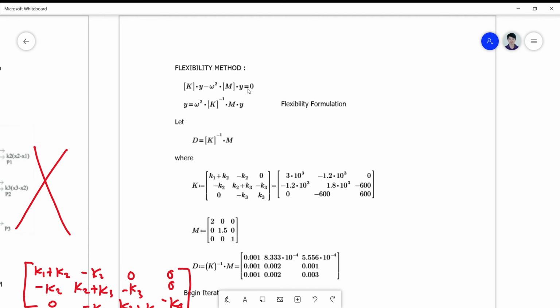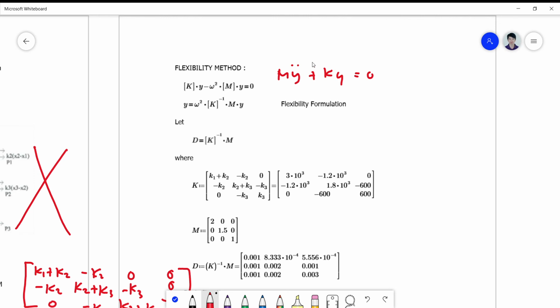This came from the original equation of the DEM, which is M y double dot plus Ky equals 0, no?